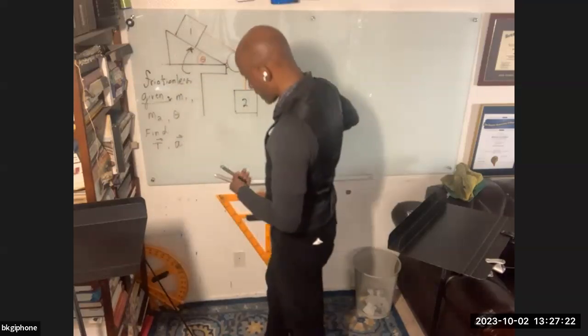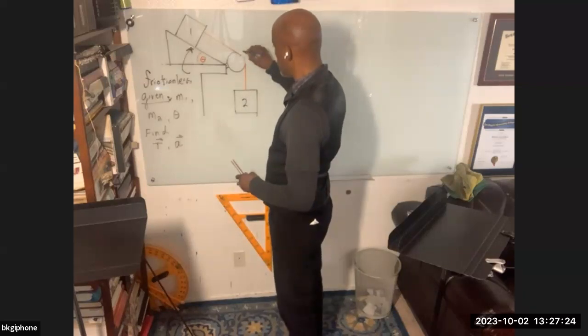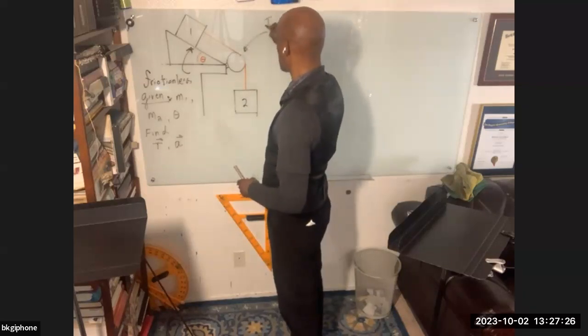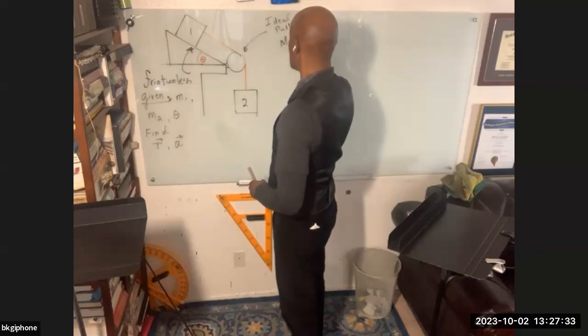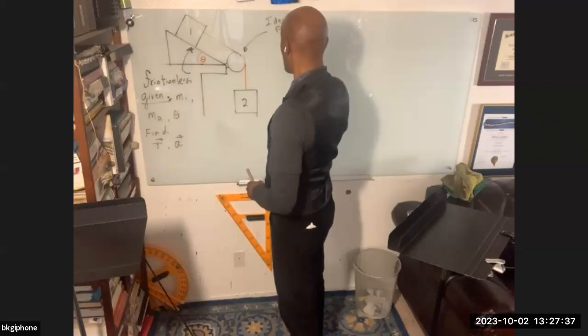Now, just to review, we got an ideal pulley here. With an ideal pulley, that means the pulley mass is 0, and we'll give it a radius of r naught.